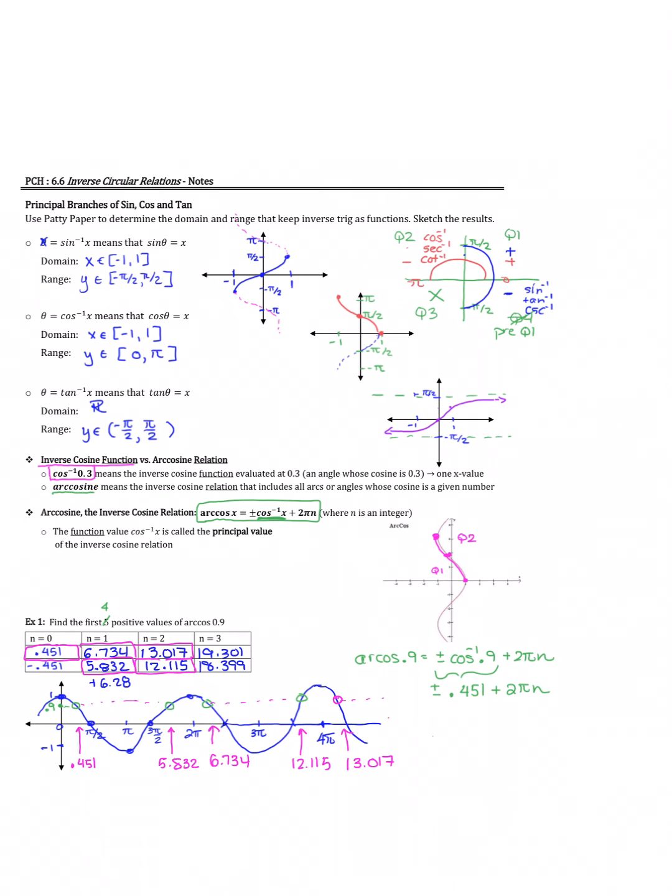So the x-axis would actually be time, and this would be distance. The idea here is you're having to take your inverse cosine, which is a function, and look at it as a relation, which is going to have multiple occurrences as a periodic function.